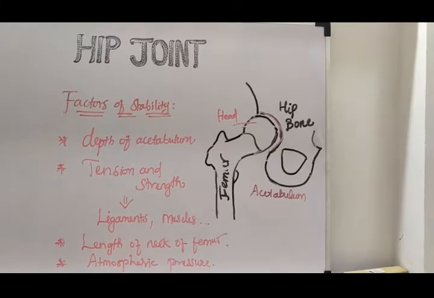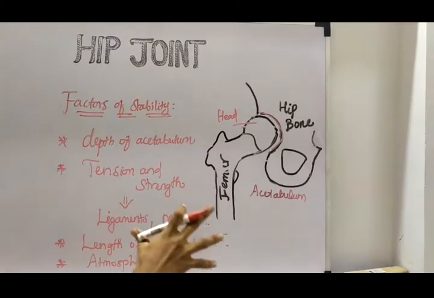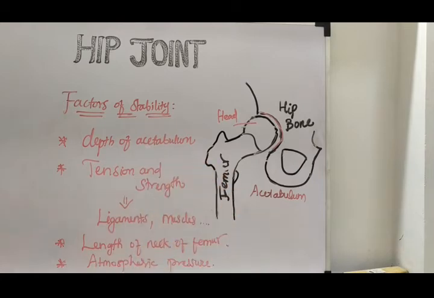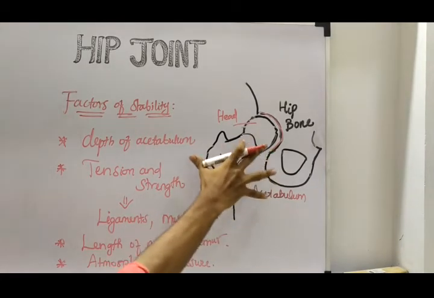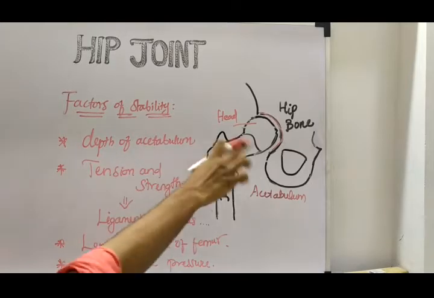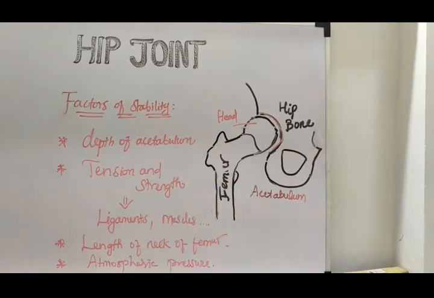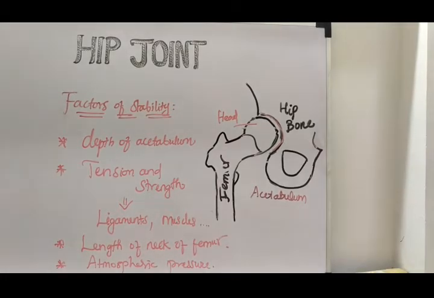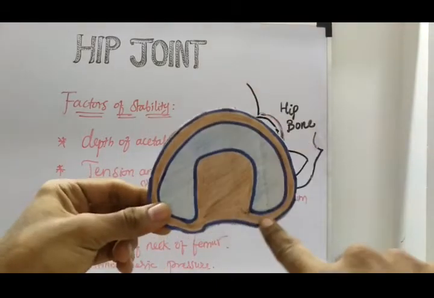And the next important thing is the factors of stability. There are certain factors which maintain the stability of this joint, which are the depth of the acetabulum by the acetabular labrum. I am just showing you in the model again. This is the acetabulum, right?